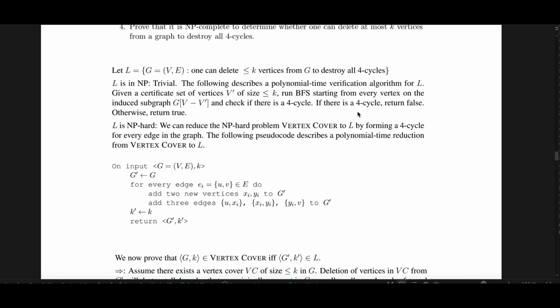If there is a 4-cycle, return false, otherwise return true. And L is NP-hard. We can reduce the NP-hard problem vertex cover to L by forming a 4-cycle for every edge in the graph. The following pseudocode describes a polynomial time reduction from vertex cover to L.